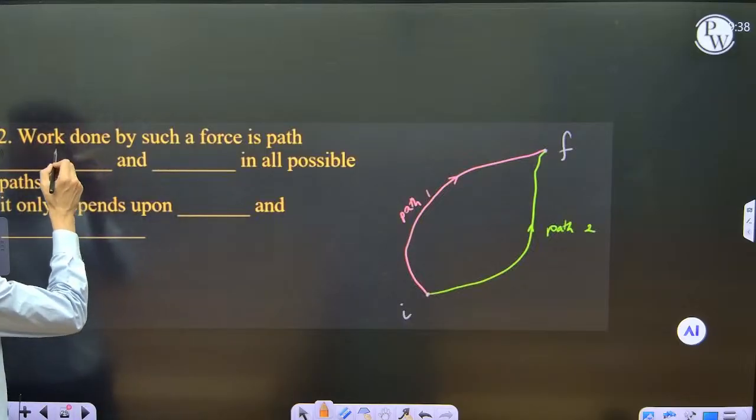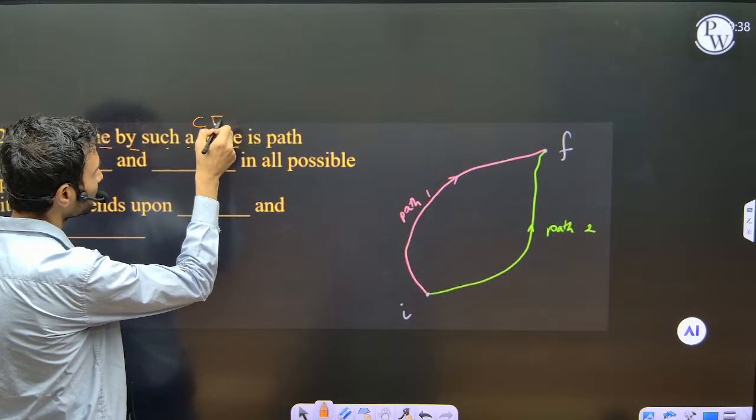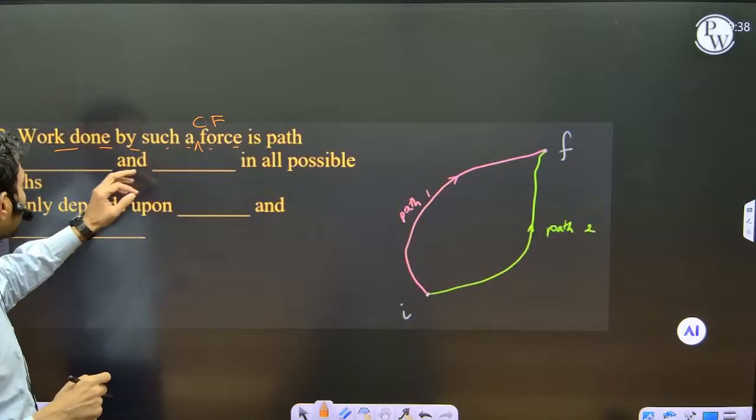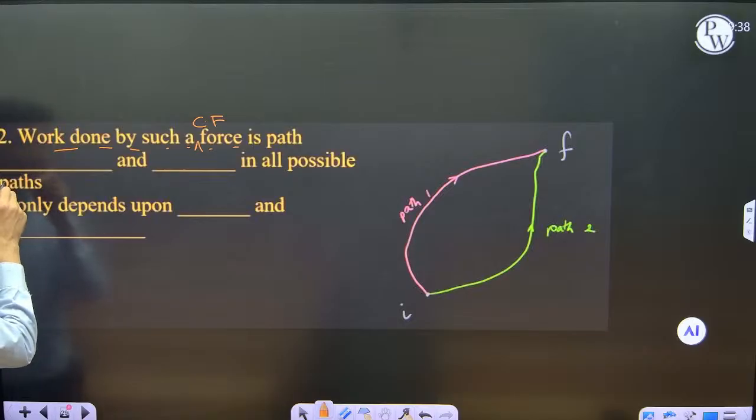Also, work done by such a force means which force? Conservative force. Work done by conservative force is path dependent or independent? It is path independent.